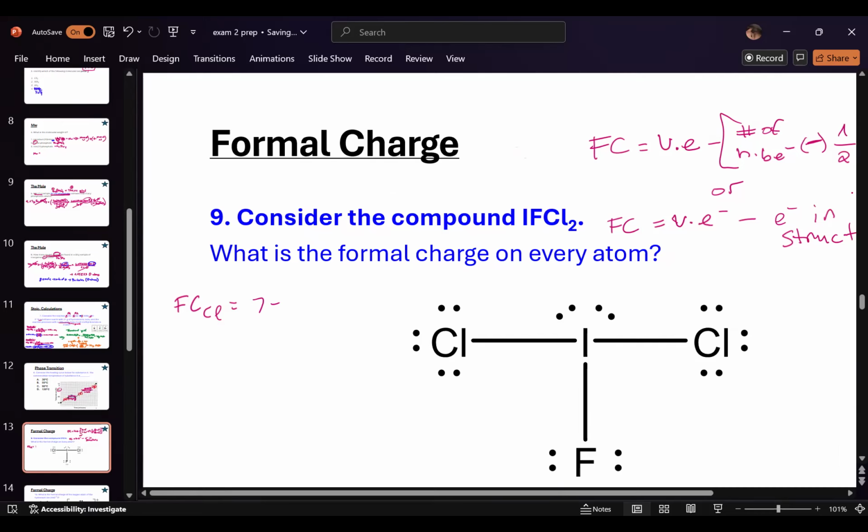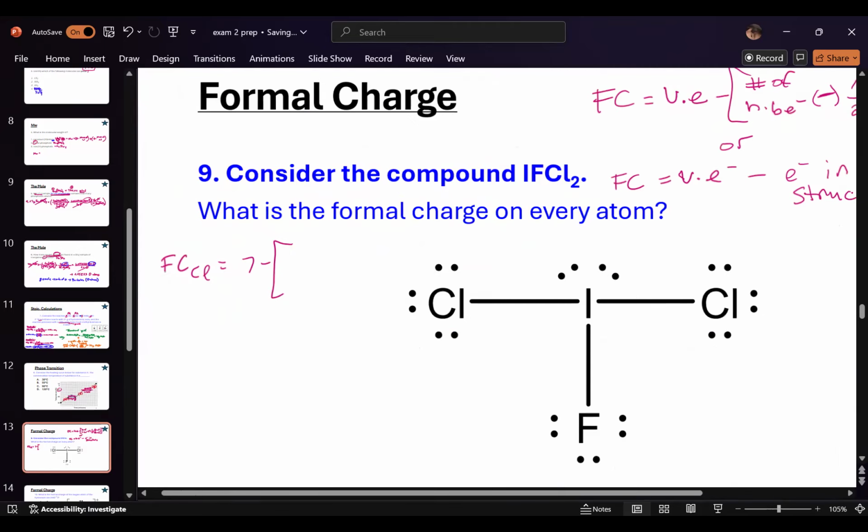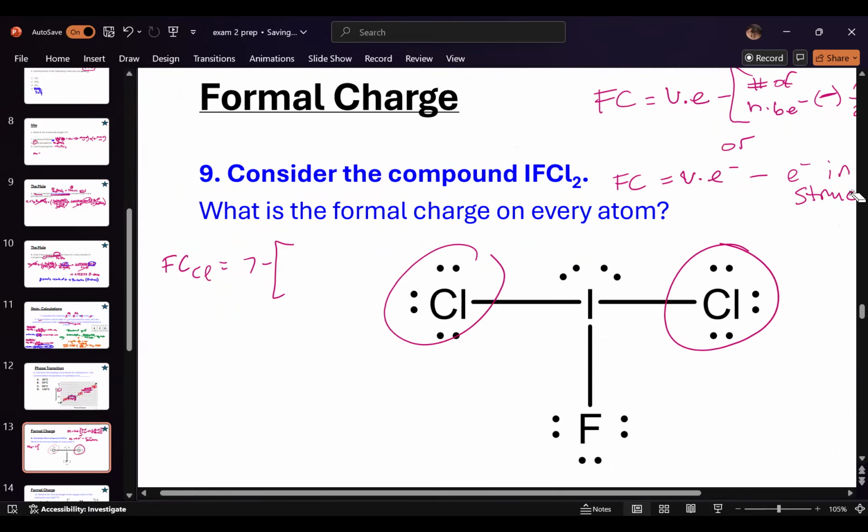So 7 minus open brackets the number of non-bonding electrons. For chlorine, you can focus on this one. They're the same. You see how they have the same amount of lone pairs. So you have 1, 2, 3, 4, 5, 6 non-bonding electrons. Minus, I'm still debating, I don't remember if it's minus or positive, I'll tell you.